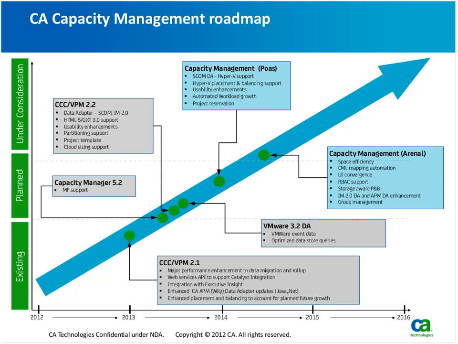With the SCOM data adapter pulling Hyper-V information, you can perform hypothetical analysis on the placement and balancing side with Hyper-V data. We already have Hyper-V support as a hypothetical destination. For example, you can do what-if analysis if you move a VMware workload into a Hyper-V environment. What type of placement is optimized for you? So you can do that today.